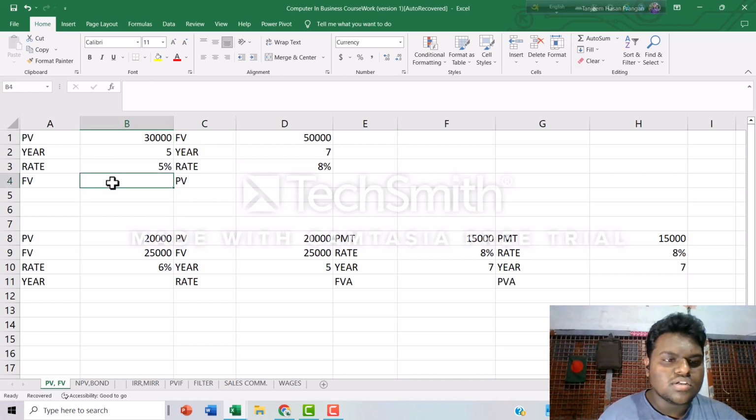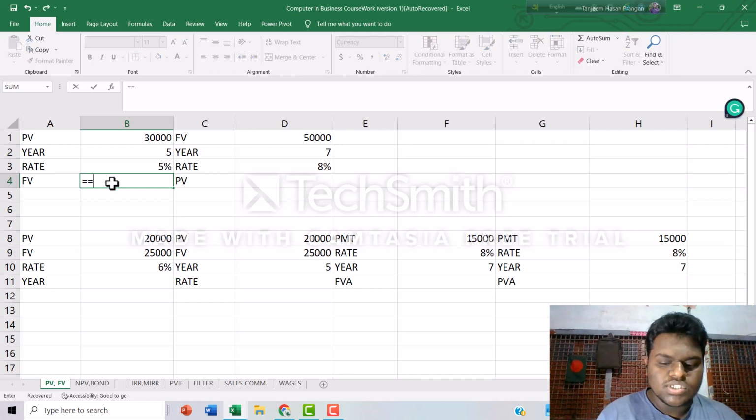Firstly, we are going to calculate the future value of an amount, and there are some variables like present value, year, rate, and others. First we have to put the Excel formula, which is equal to FV. Firstly, we put the rate, which is 5%. Then Nper means the duration of years, which is 5, and as we don't have payment, so 0.